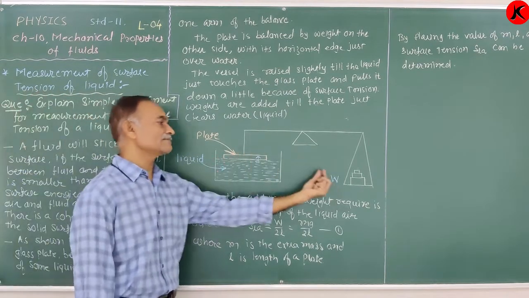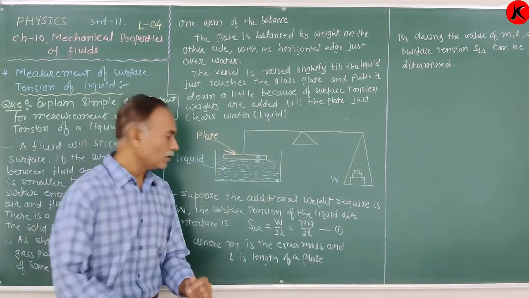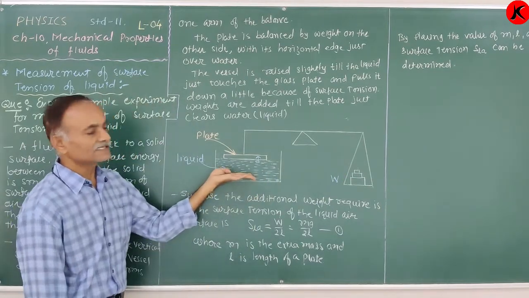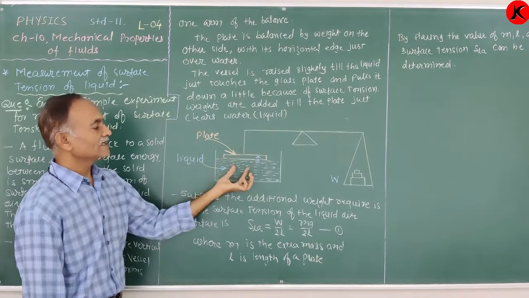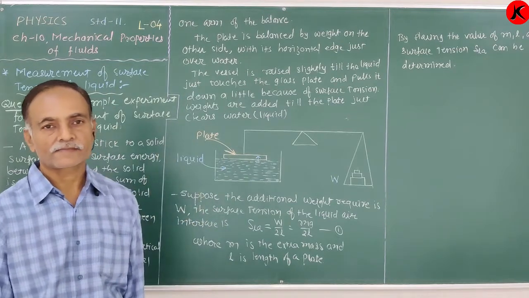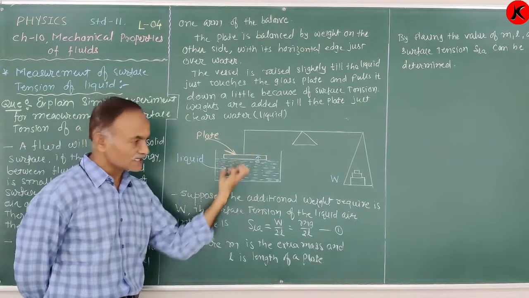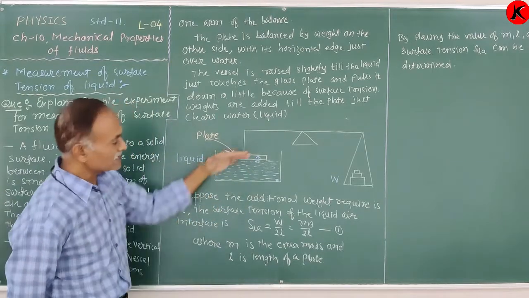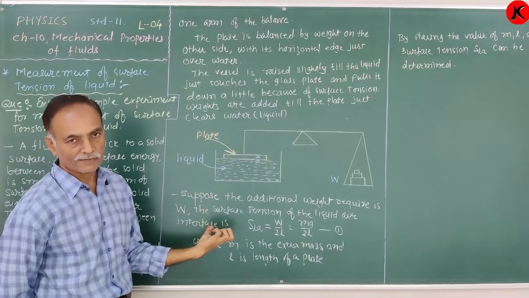First, the glass plate is balanced by the weight placed in the pan. Now, we raise the vessel with the liquid in such a way that the liquid just touches the edge of the glass plate. In this situation, the plate is pulled down due to the surface tension. That means the plate goes down due to the surface tension force.